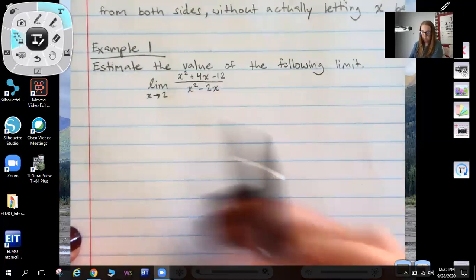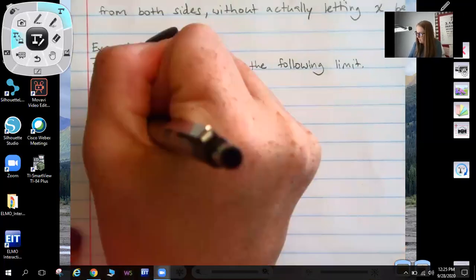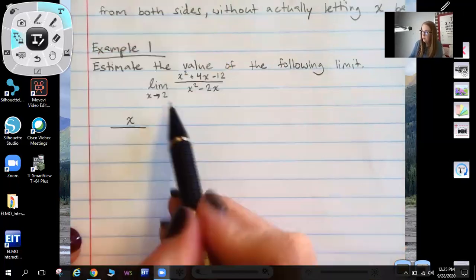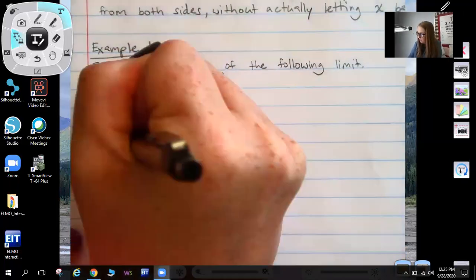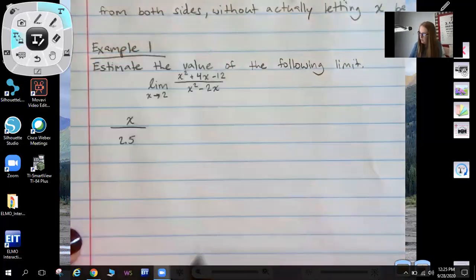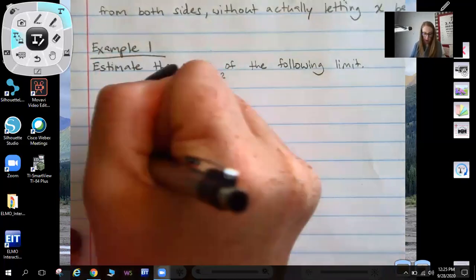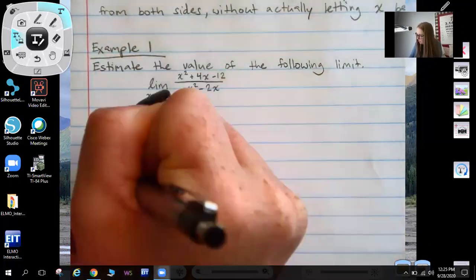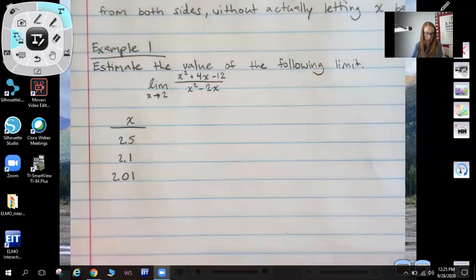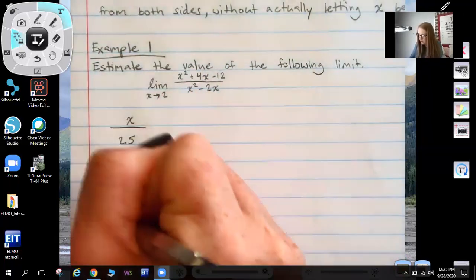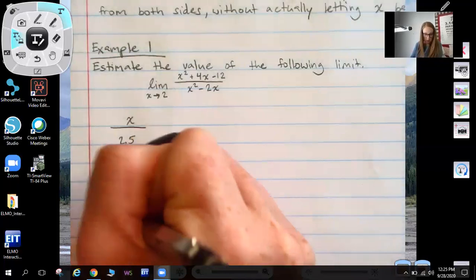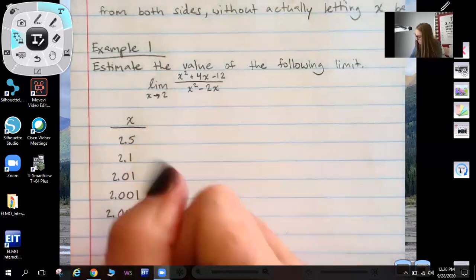So if we want x values that get closer and closer to 2, if we go from the right side of 2, we'll start at 2.5 and go to 2.1, 2.01, 2.001, and we'll go one more.